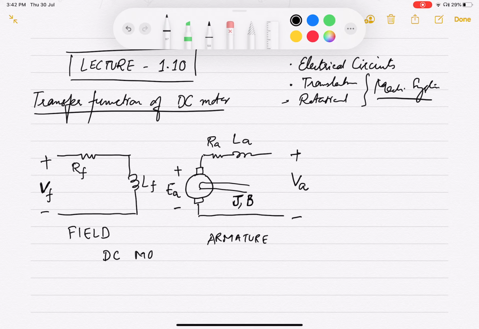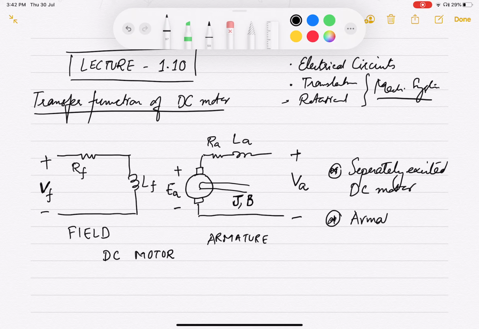Now there are many types and many ways to control the speed and position of a DC motor, but we'll see one major case today. We'll be talking about a separately excited DC motor, and we are going to talk about the control of the speed of the DC motor using armature voltage control.